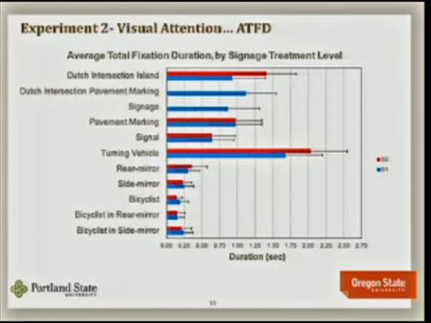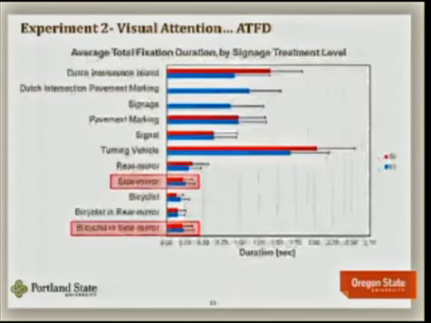However, it's not statistically significant in nature. So if you look at increases in glance patterns towards the side mirror or the bicyclist in the side mirror, the 95% confidence intervals don't allow us to say statistically that that's a change, although the average fixation durations do increase.